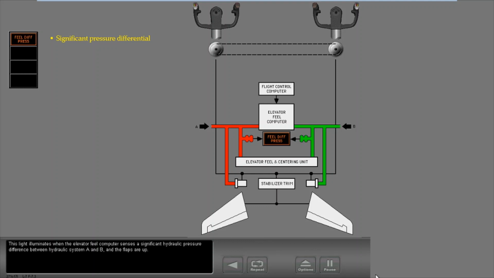This light illuminates when the elevator feel computer senses a significant hydraulic pressure difference between hydraulic system A and B and the flaps are up. The feel system will operate with only one hydraulic system. This condition does not require crew action in flight.